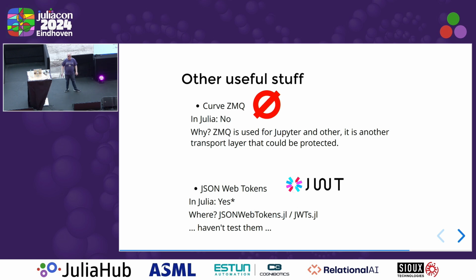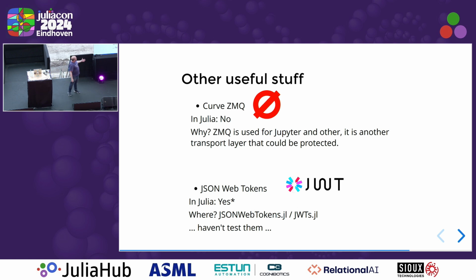So there are a few other things that I didn't know where to put. Sometimes people tell me, yes, you have these Jupyter notebooks with Julia that work over ZMQ, and it's very nice that you have that. You support CurveZMQ, right? And the answer to that is... So what is this CurveZMQ?